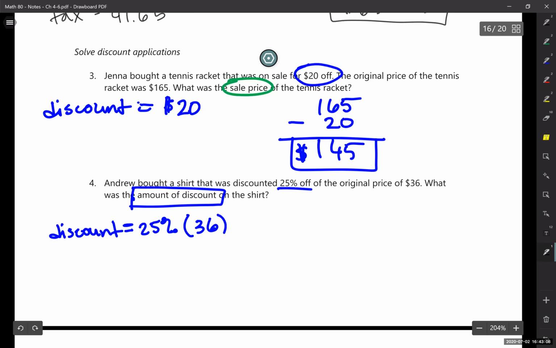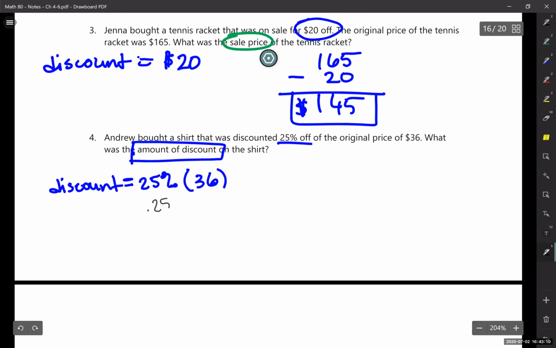So when we write that out, we get 0.25 times 36, or if you prefer, 25% in your calculator times 36. Your calculators can do a lot. One of these days I'll make a video on all the stuff your calculators can do, but not right now. Okay, 25% times 36, and we get $9.